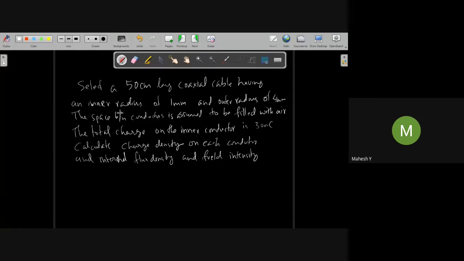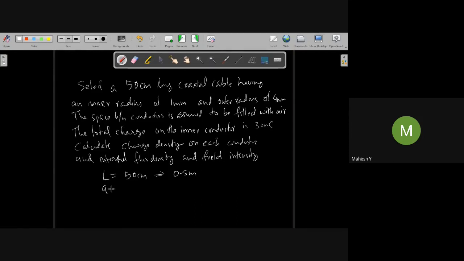So what quantities are given here? Select a 50 centimeter long cable. So what is 50? That is L, right? So L is equal to 50 centimeter, in SI units it will be 0.5 meter. And inner radius of 1 mm.